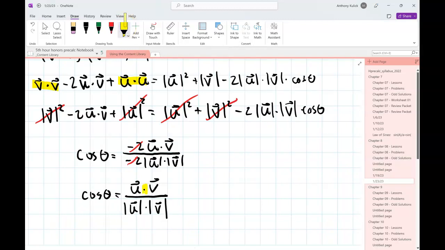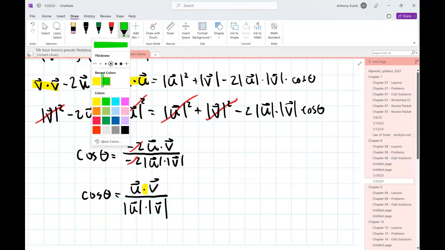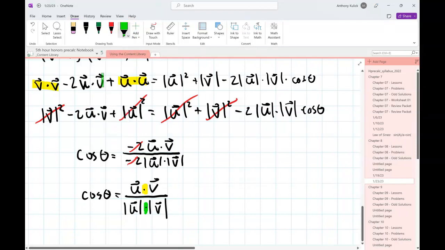I want to point out to you that the dot in the top is dot product. The dot in the bottom is multiplication. How can I tell the difference? From context. In the top, I have vector and vector with the dot between them. If you have a dot between two vectors, that's a dot product.